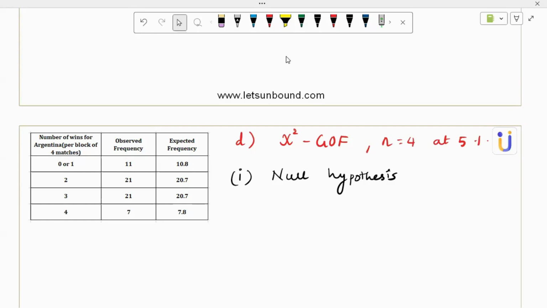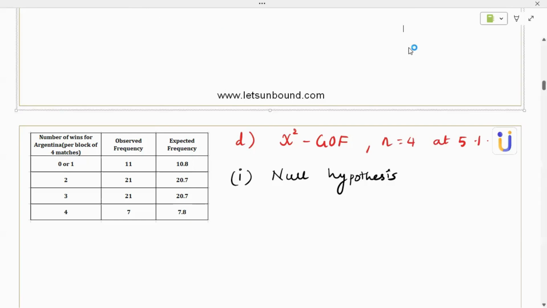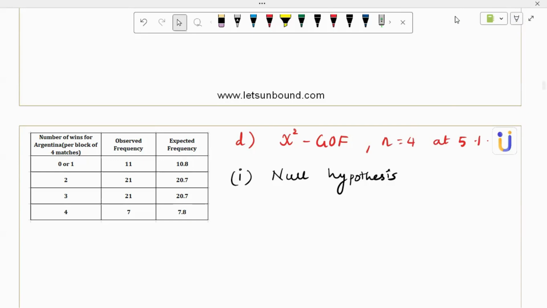Right. So first, Peter uses the table to carry out a chi-square goodness of fit test to test the hypothesis that data follows a binomial distribution with n equal to 4 at the 5% significance level. Fine.